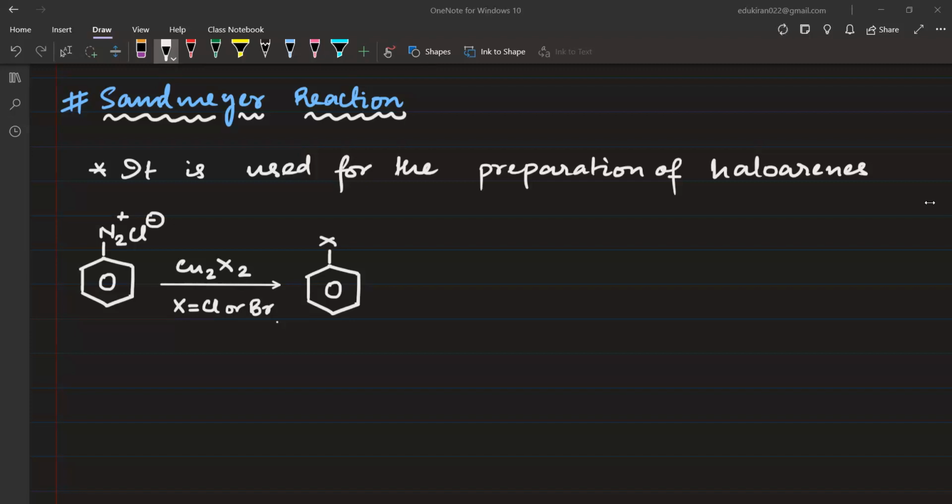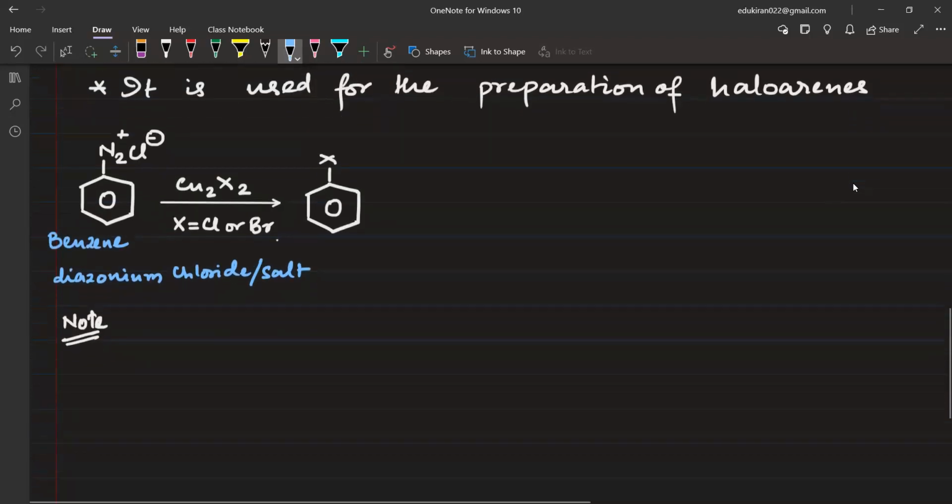So how this happens, please write. First of all, write a note. Write that this is benzene diazonium chloride, or instead of chloride, you can also write salt. We call this BDS, benzene diazonium salt.